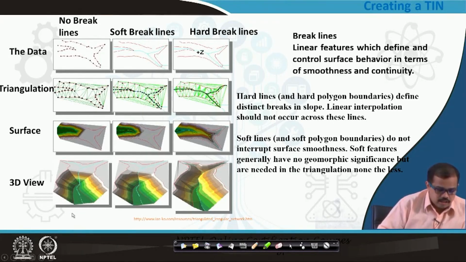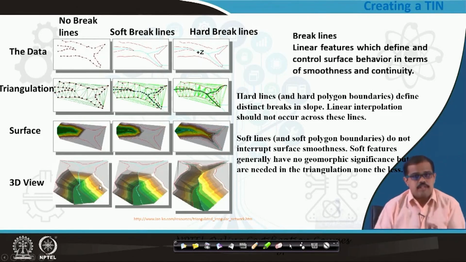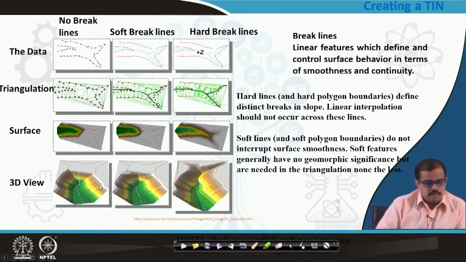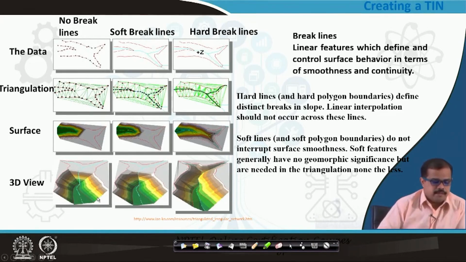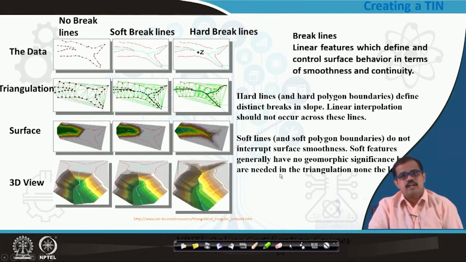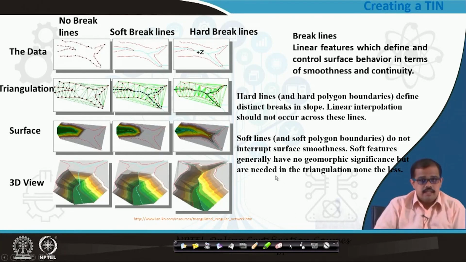It has been rotated to minus 90 degrees so that you can see this is the way it is represented. This is where you have lower points and this is where you have the higher points, the plus z values. So, this is how a triangulated irregular network is built and then converted into a 3D view.